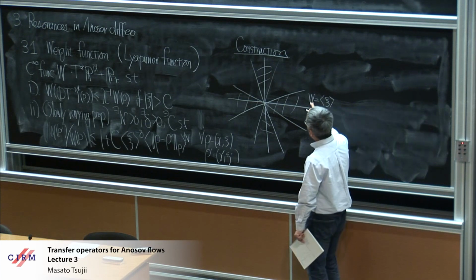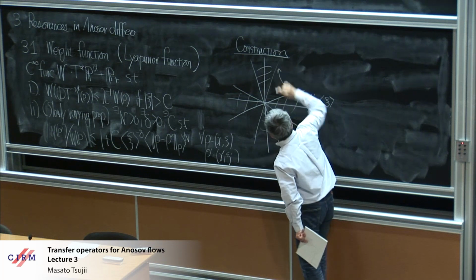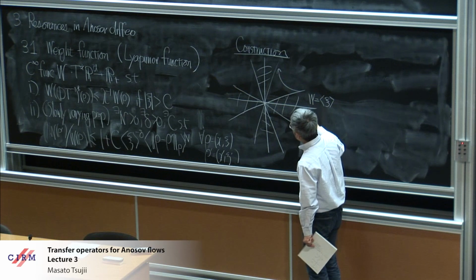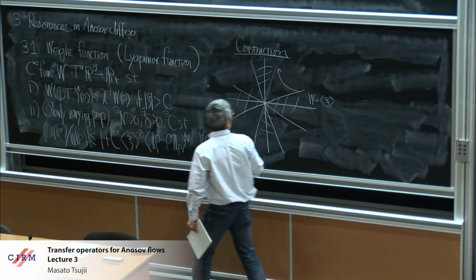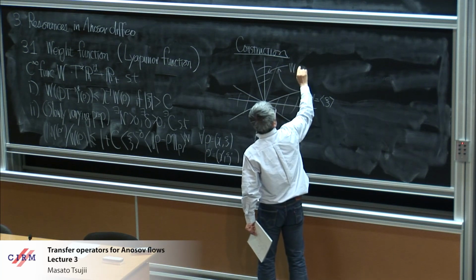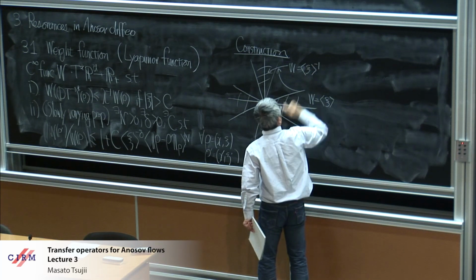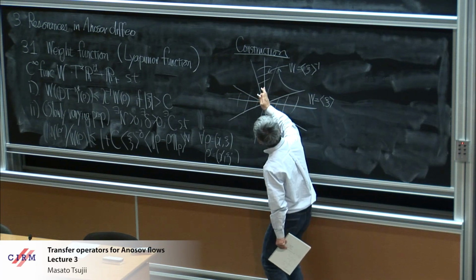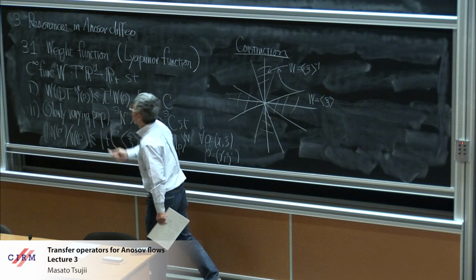Then if you are in this cone and the action is like this, you will get this decay. Also, if you set W to be c to the -1 here, then we have expansion in this direction, so you again get this estimate.